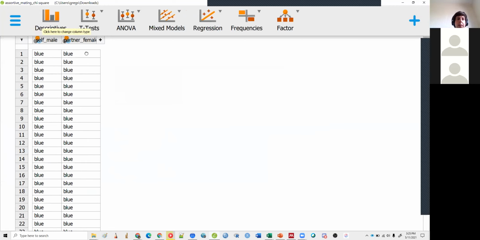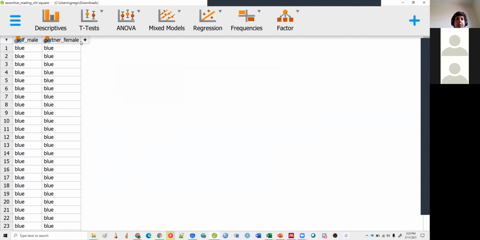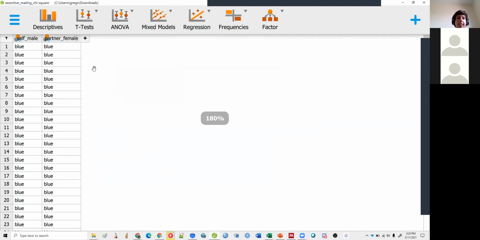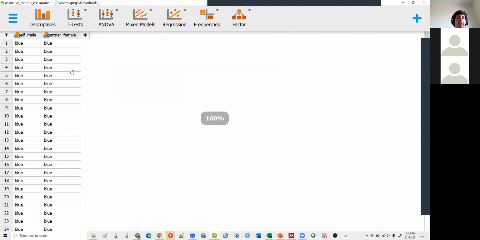The first thing I want you to focus on whenever you upload data, which is something some of you are a bit confused about with the homework, is to make sure that JASP assigns each variable the correct variable type. For both of our two variables, male and female, what kind of variable are these? Scale, ordinal, or nominal?